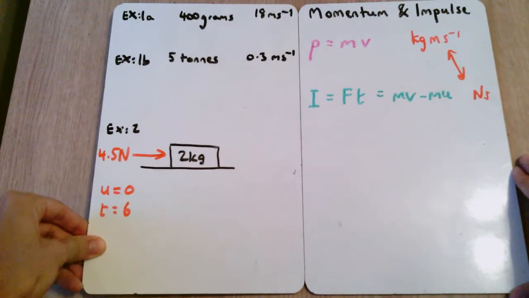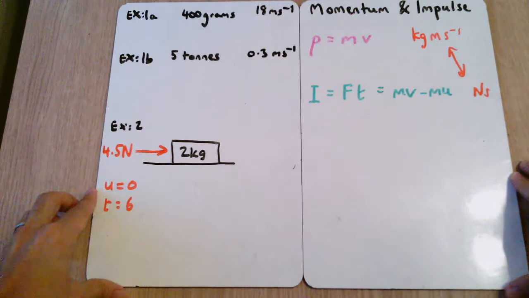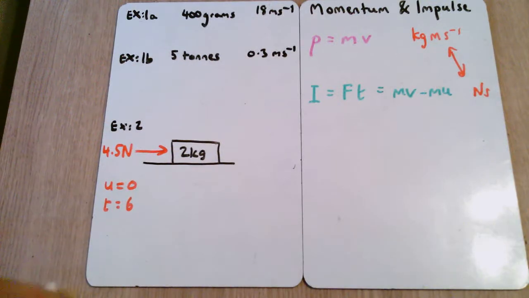I'm just going to bring up our two key examples for a second, where we have this over here. This is simply the first example in the textbook, example 1A, 1B, and then example number 2. So example 1 tells us about a cricket ball that is 400 grams and traveling at 18 meters per second.